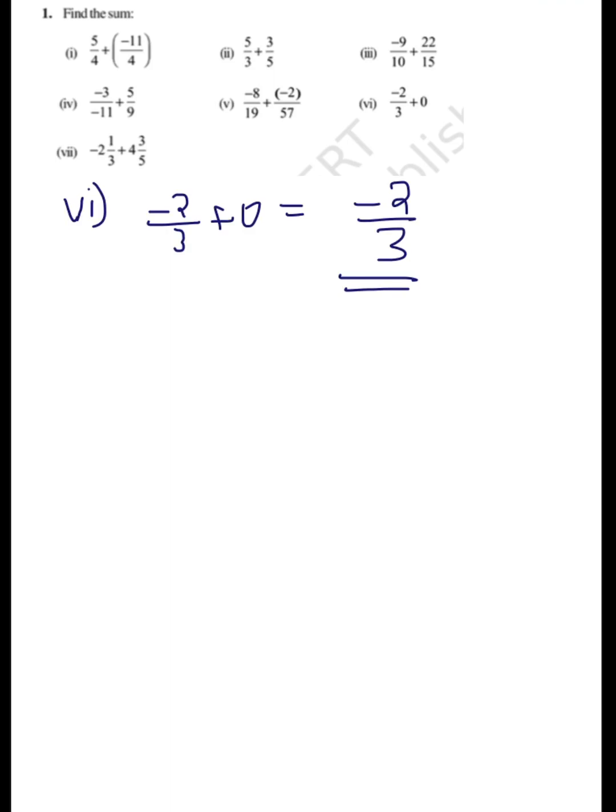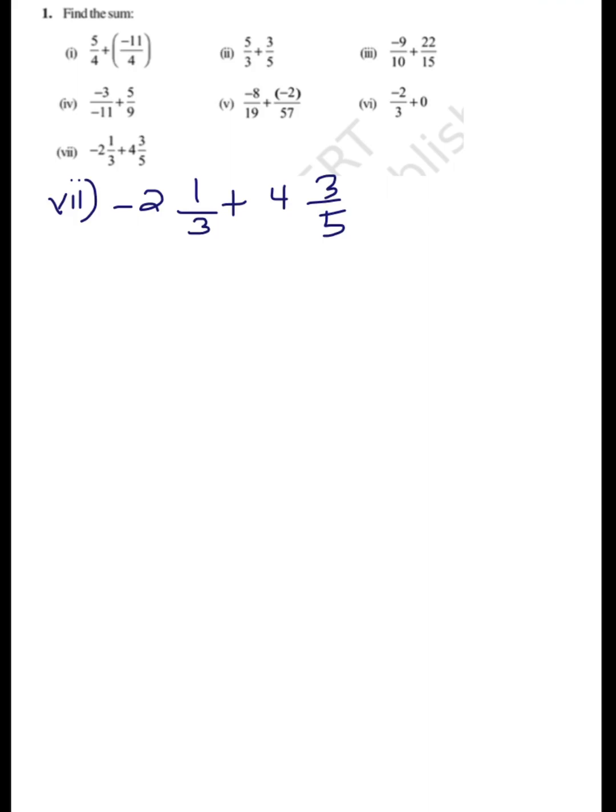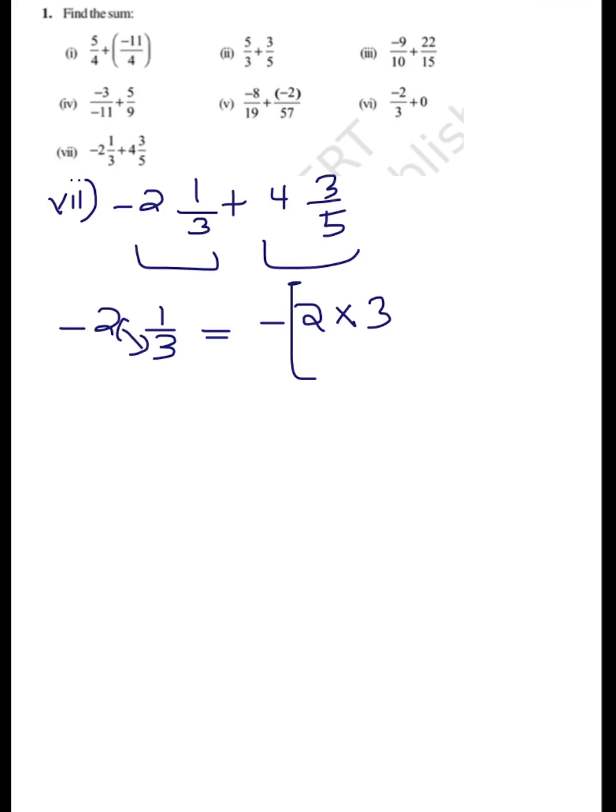Now let's see the seventh one. So first let's convert these mixed numbers into standard form. That is minus 2 1 by 3 means what? Minus 2 1 by 3 will be equal to minus of 2 into 3 plus this one, the numerator, divided by the same denominator, which is 3.